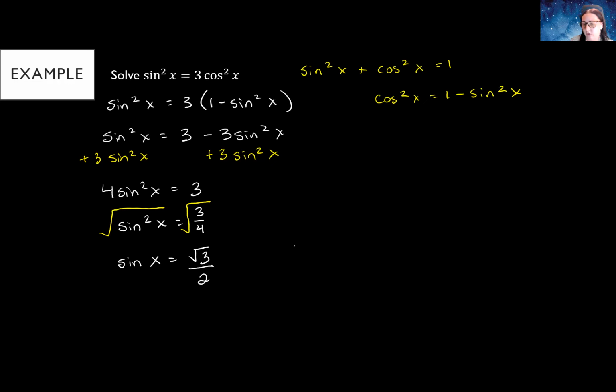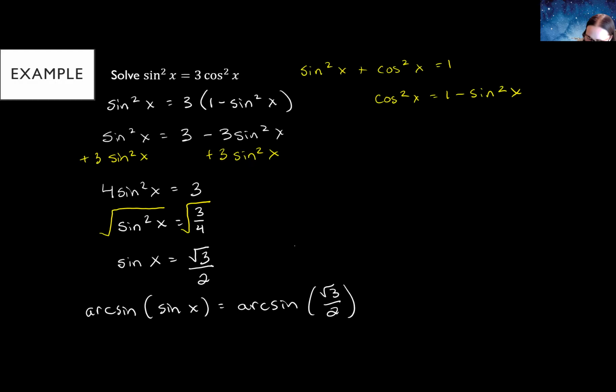So it's going to give you square root of 3/2. So if we solve this using our inverse sine, you take the arc sine on both sides. So the arc sine of sine x equals the arc sine of square root of 3/2. Arc sine and sine cancel. So we get x equals arc sine of square root of 3/2.